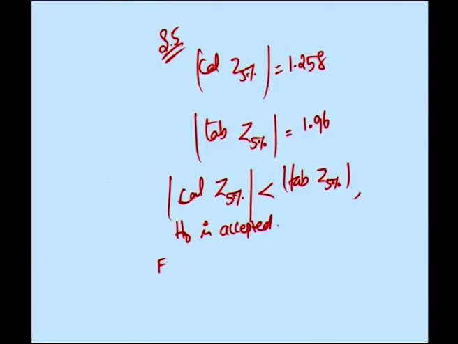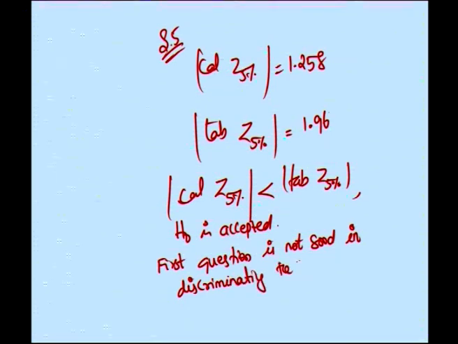That is, the two population proportions are equal in the sense of answering the first question. The first question is not good in discriminating the ability of the type.